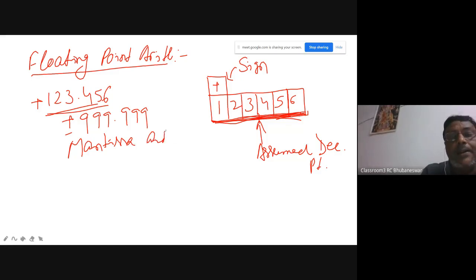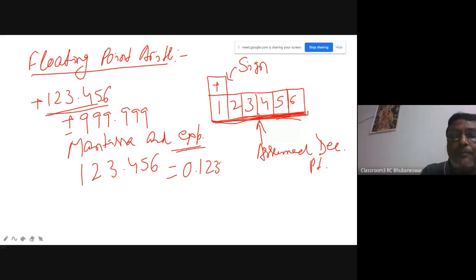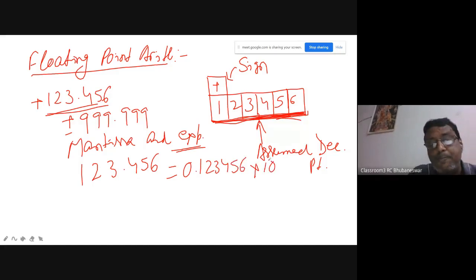Mantissa and exponent. Here, this is the base 10, this is the exponent. So this 123.456 can be written in the form of mantissa and exponent.